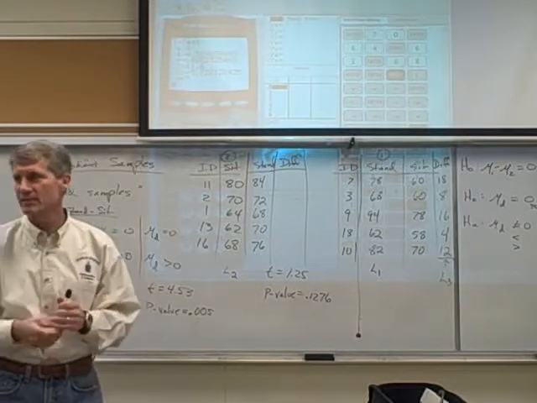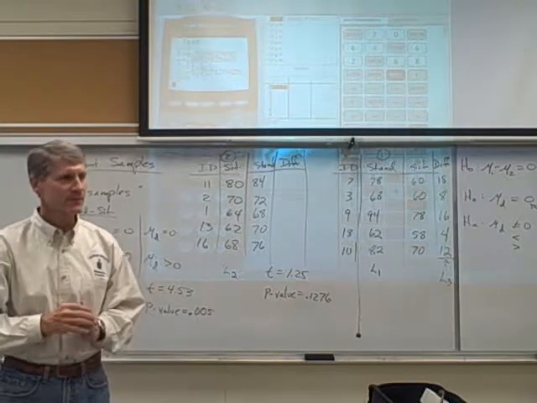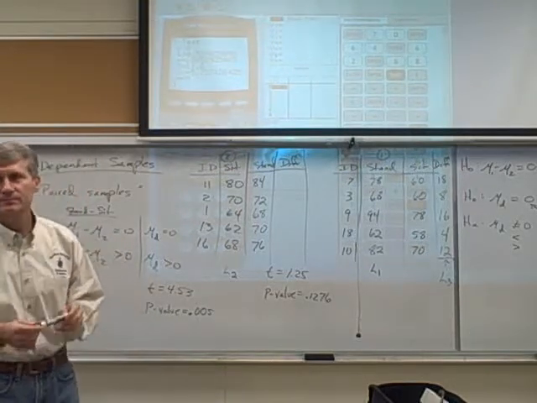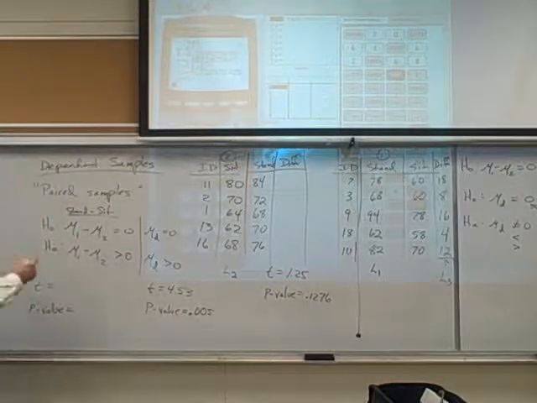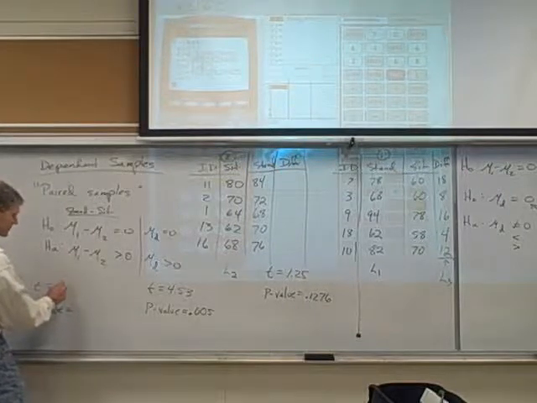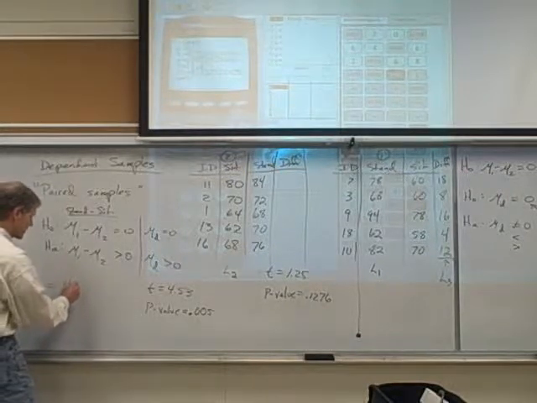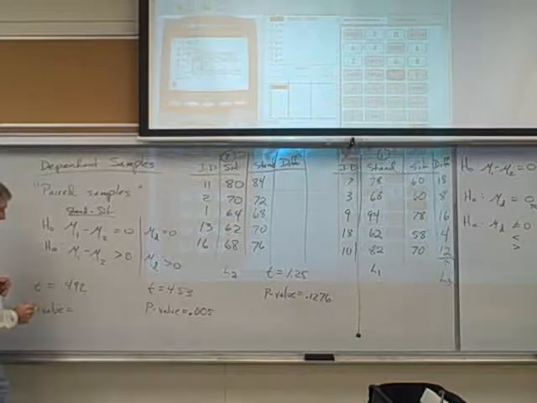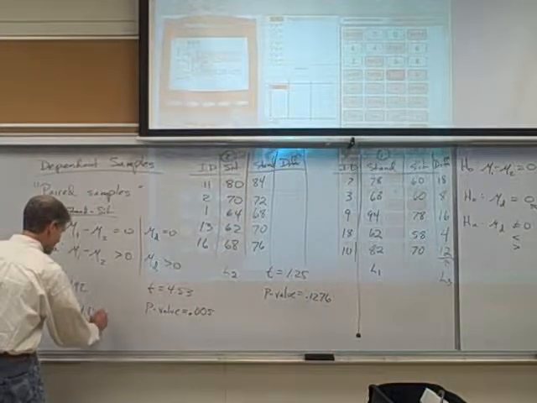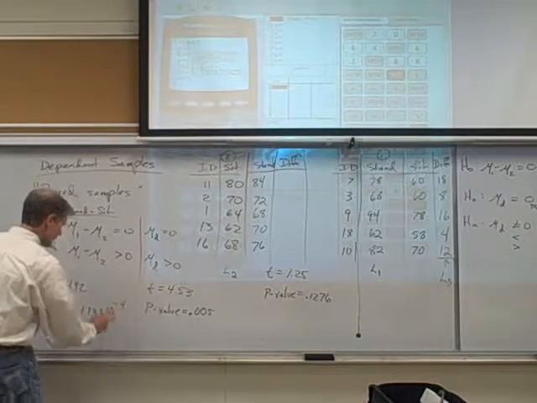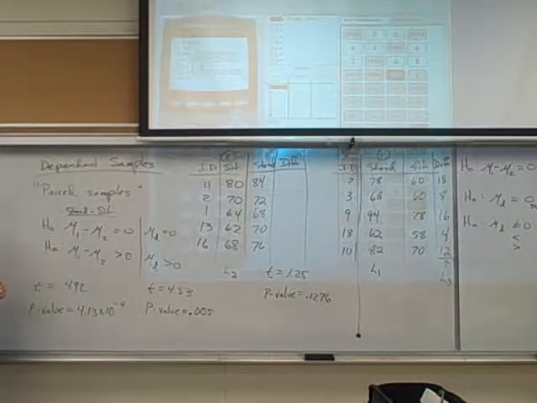As soon as somebody gets there. T, I got it. You got it? So what's T? 4.92. And the p-value is 4.13 times 10 to the negative 4.